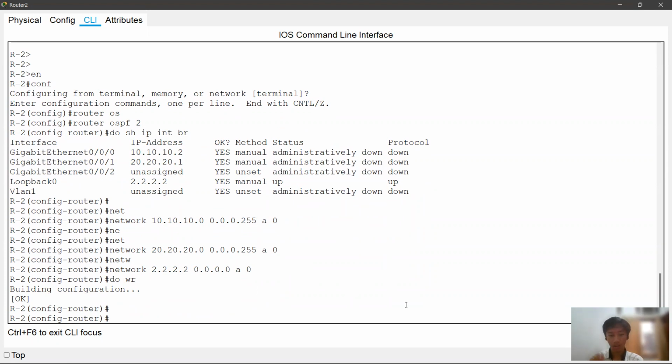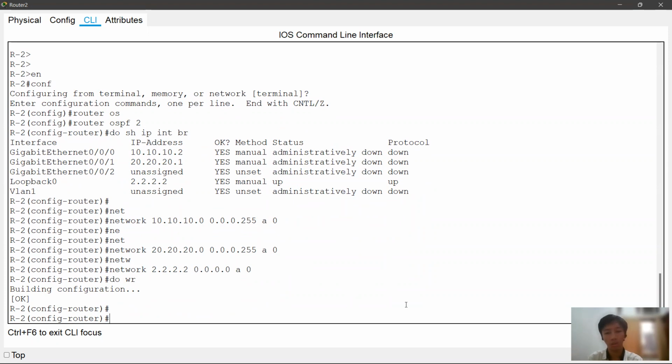If /30, the wildcard is 0.0.0.3, but in /32, the wildcard is 0.0.0.0.